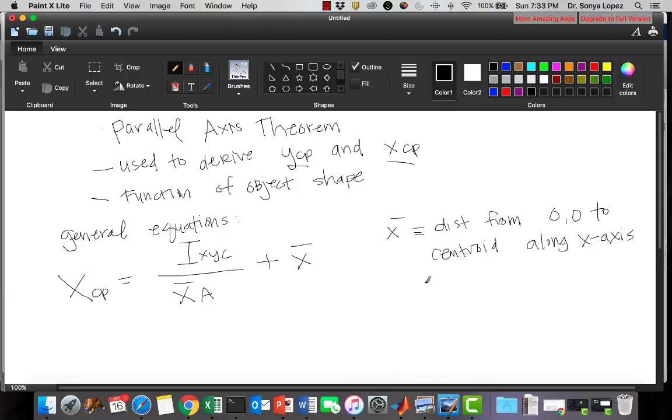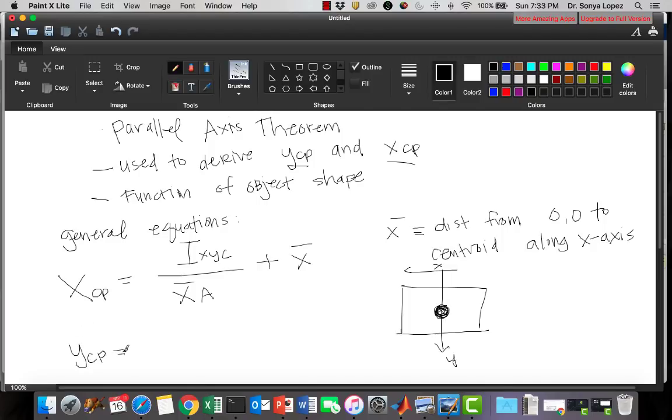Okay, so again, if you have an object that's submerged, and here is your y-plane, and here is your x-plane, then this would be your centroid. So you're trying to figure out the distance from your 0, 0 plane to your centroid. Okay? That's your general equation for XCP.